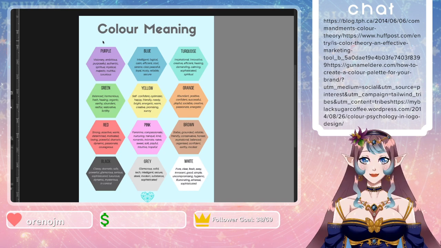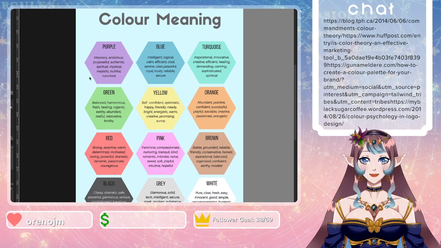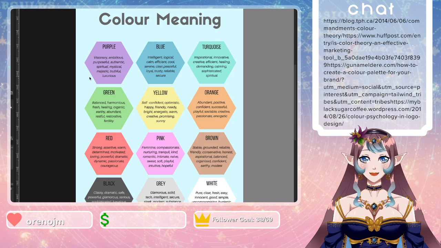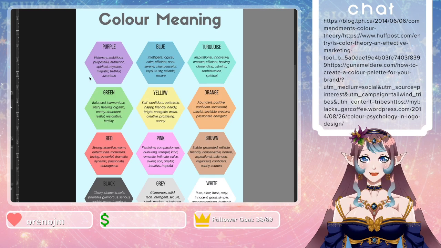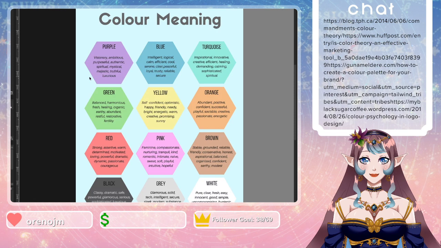So here's a track by Melder.com. For example, color meaning. Purple: visionary, ambitious, purposeful, authentic. I totally butchered that word, but that's okay. Spiritual, mystical, majestic, truthful, luxurious.